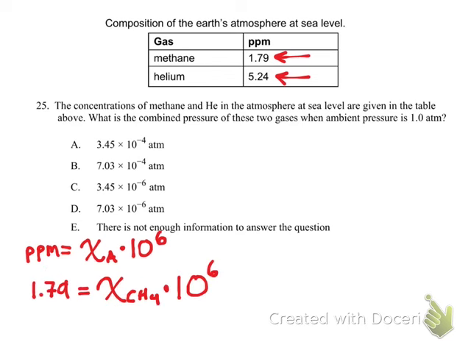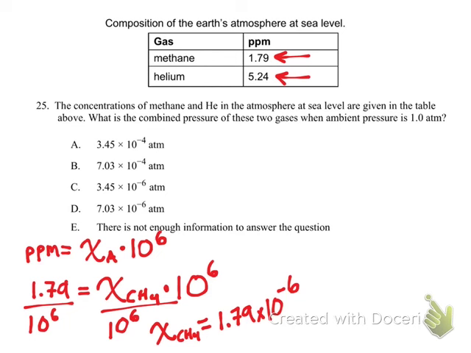So first for methane, which is CH4, 1.79 are the parts per million, so that's equal to the mole fraction times 1 million, so we'll divide both sides by 1 million. And we'll end up getting the mole fraction of methane is 1.79 times 10 to the negative 6th.